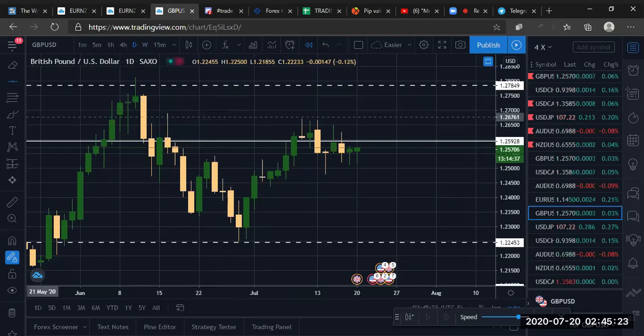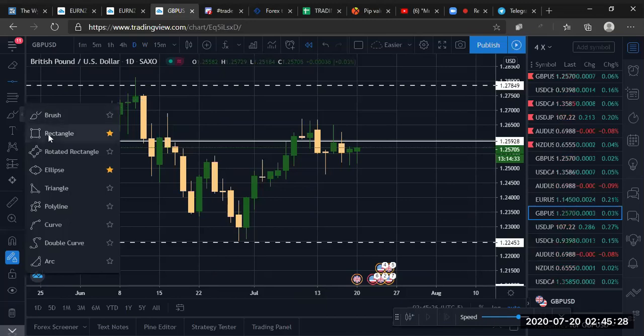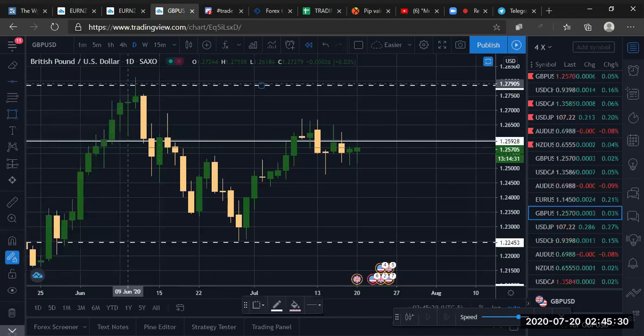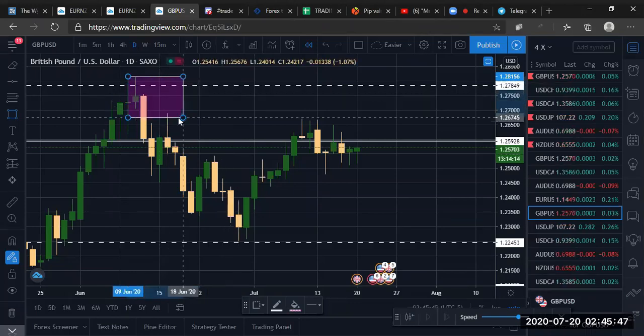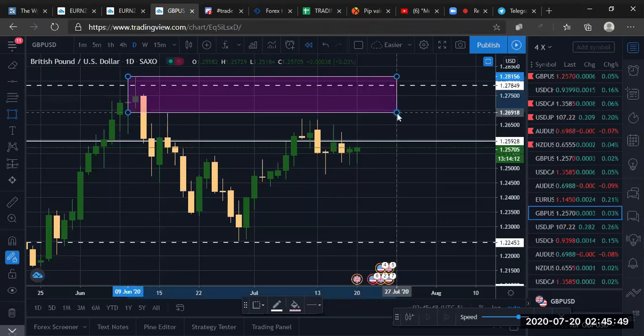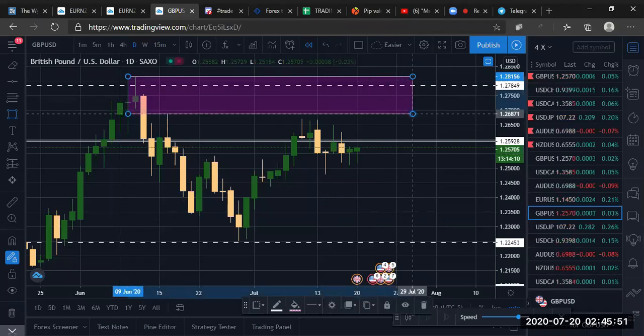For GBP USD, what I'm actually expecting is currently where it's at right now. So the whole top of this candle, because I'm including this candle because I like how it came up here. It's a candlestick formation. I'm gonna mark off the top, and then I would probably say the bottom, right here, because that's where the rejection ended.